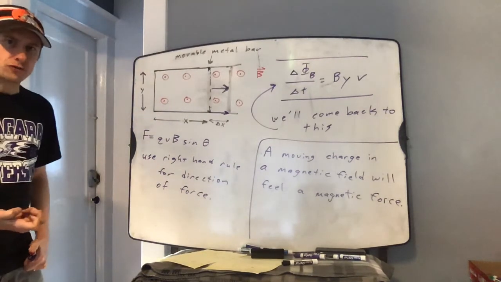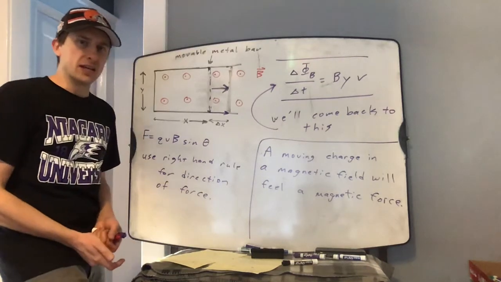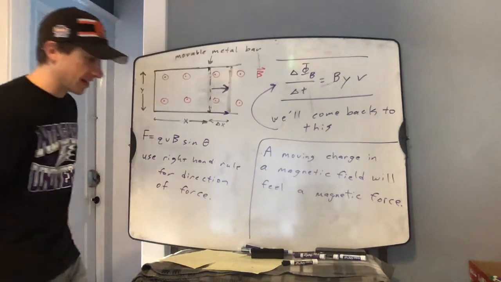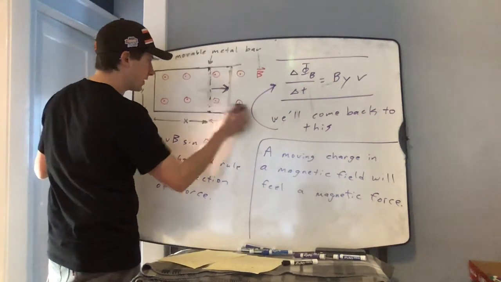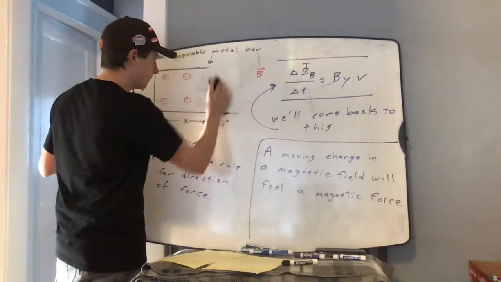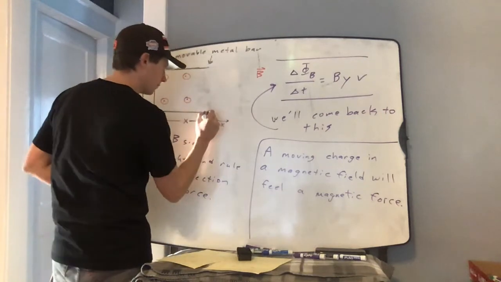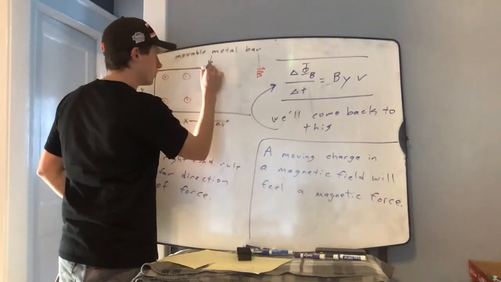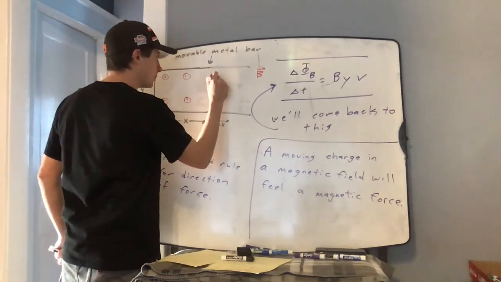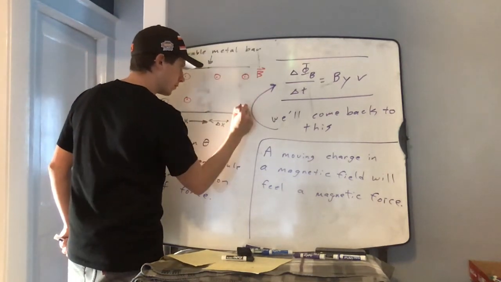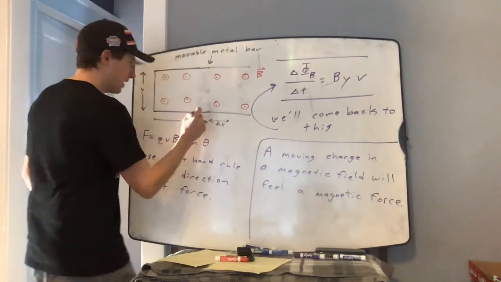So I'm going to redraw this movable metal bar, but I'm going to explicitly draw the electric charges that are located inside this bar. So here is our bar in the magnetic field that is moving. We still have this magnetic field everywhere. And it doesn't matter.